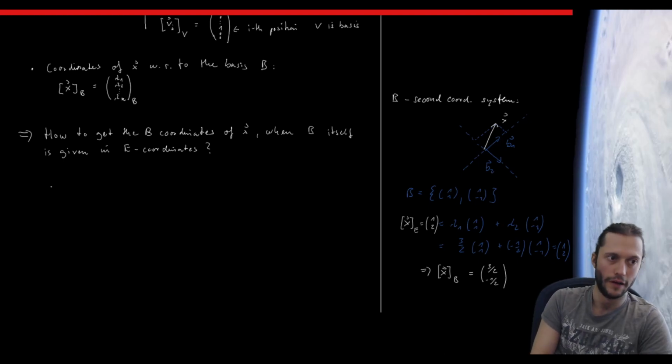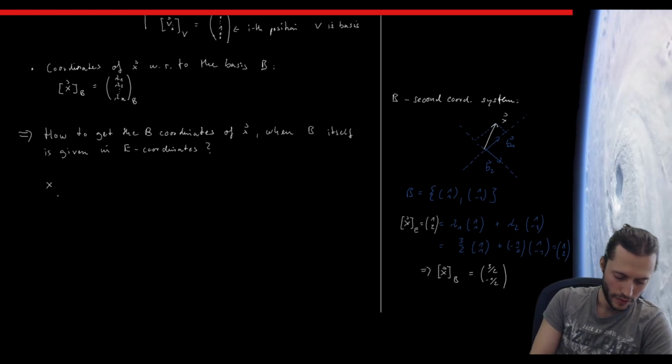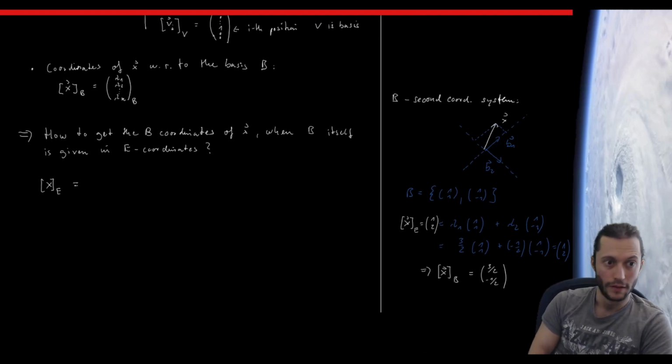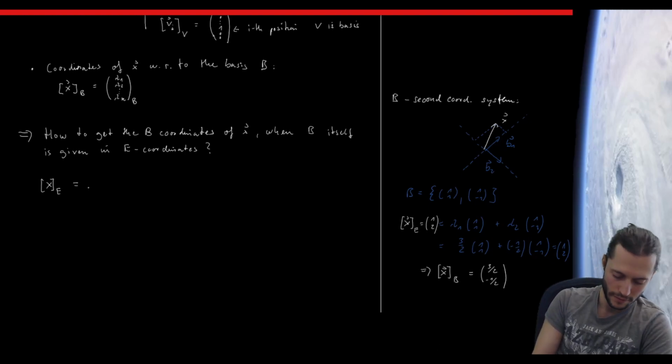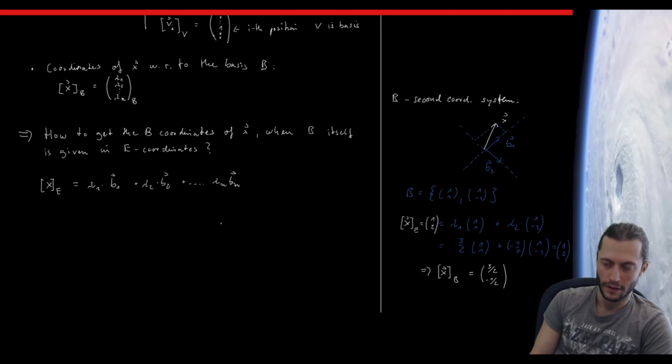So let's do this for Rn on the right. So we had the vector x, and we had it with respect to the e basis, standard x. Now, like in the example, we do the linear combination: lambda 1 times b1 plus lambda 2 times b2, until the end.